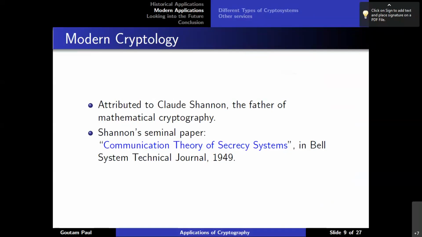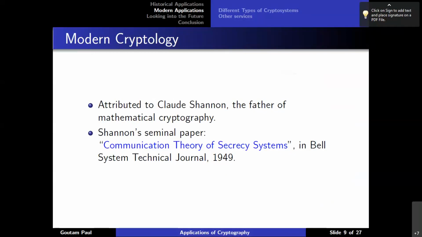Information theory talks about compression, right? Zip or RAR or any such compression algorithm works based on the principle of information theory. Then coding theory is for decoding noisy messages and getting rid of the noise. And the third subject that he initiated was cryptography, modern or mathematical cryptography.